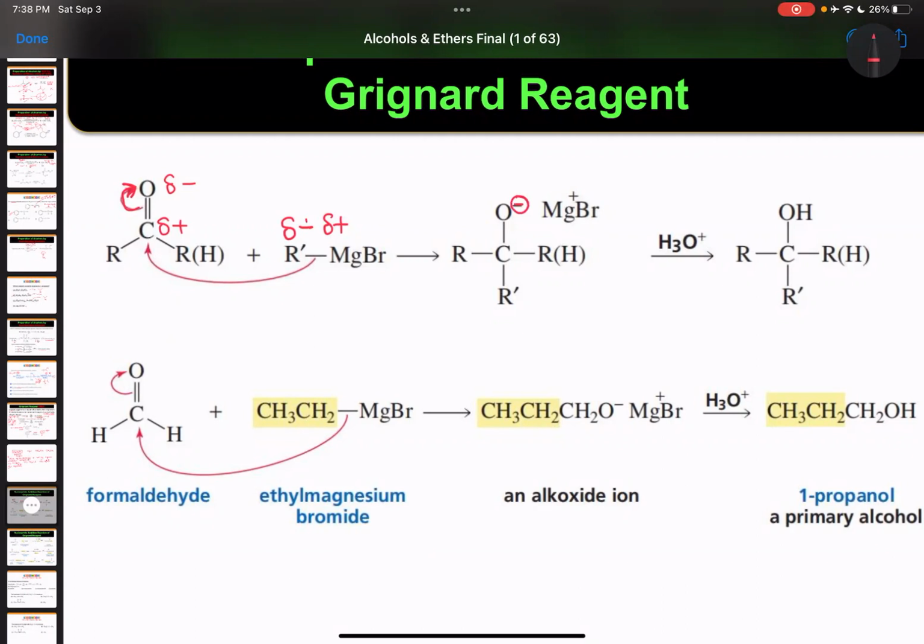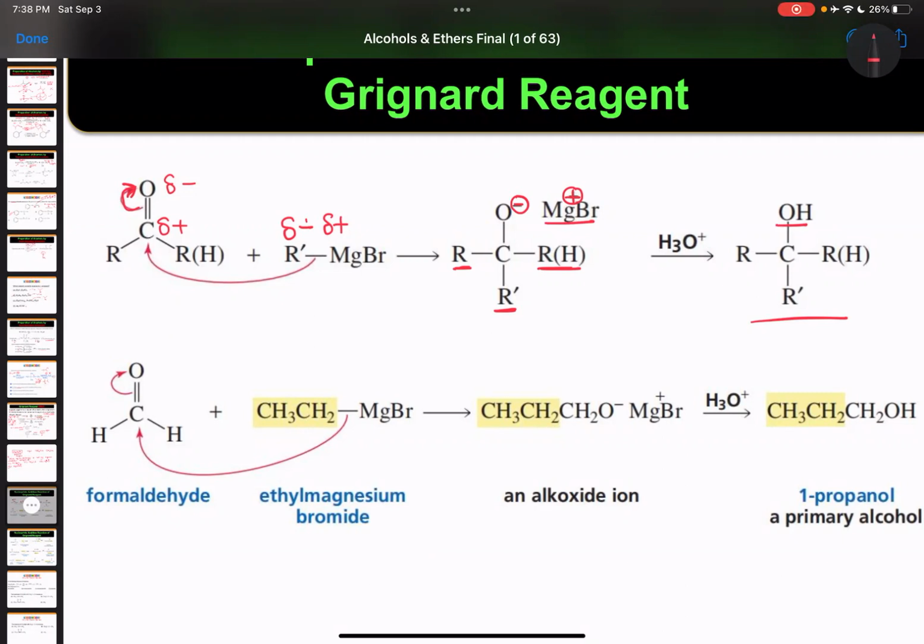That will appear as O minus. Clear? So R dash, and this can be an aldehyde or a ketone. I have represented it in a general way, and this is how you neutralize it. You can put water, so you will have an alcohol.